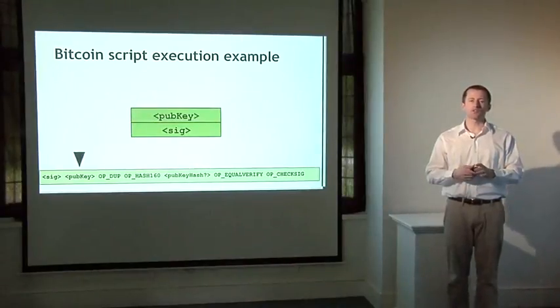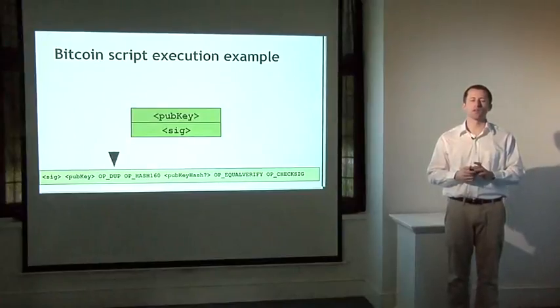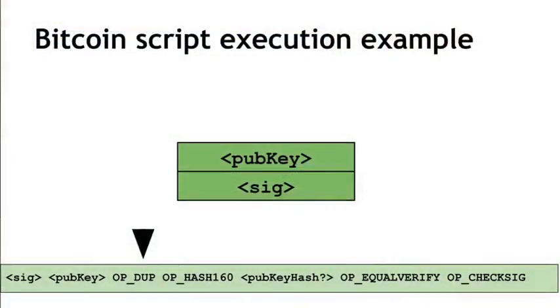So after we've pushed those two values onto the stack, we're going to start executing the second half of the script, which was specified by the sender of the coins. So this is the script pub key component of the script. And now we're going to start to actually manipulate some of those values on the stack.